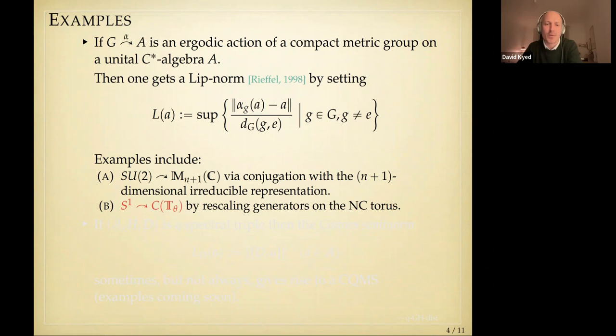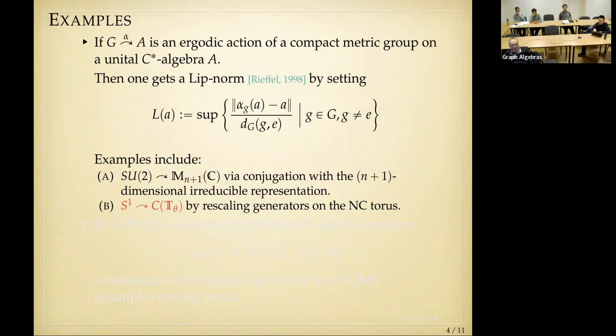Well, yeah, you could take your non-commutative torus. It's sort of defined by these two unitary operators, and you can start rescaling them by elements from the unit circle, and this will give you an action, and this will give a compact quantum metric structure for the non-commutative torus as well. Okay. So these are things that you can do.